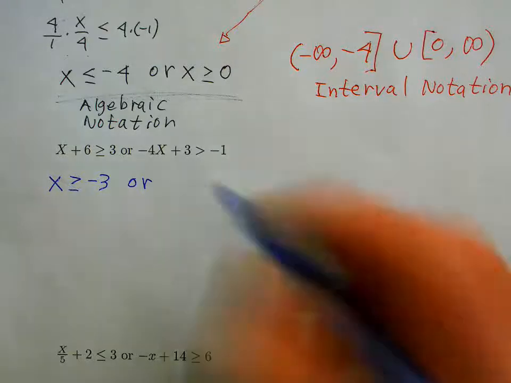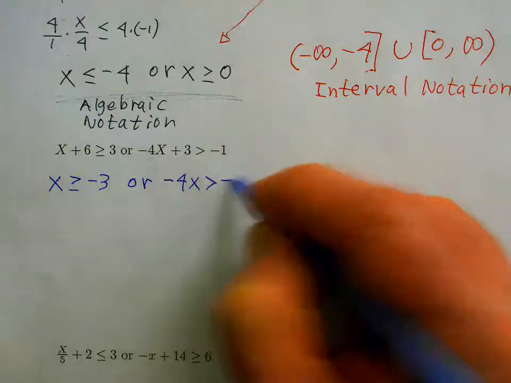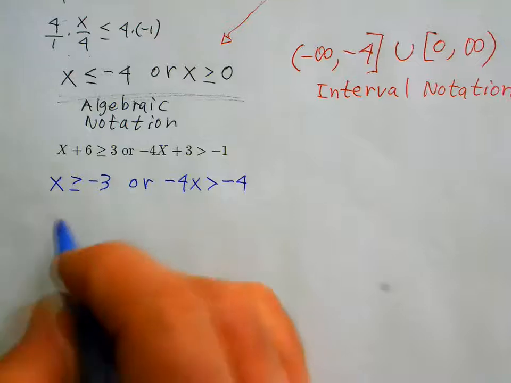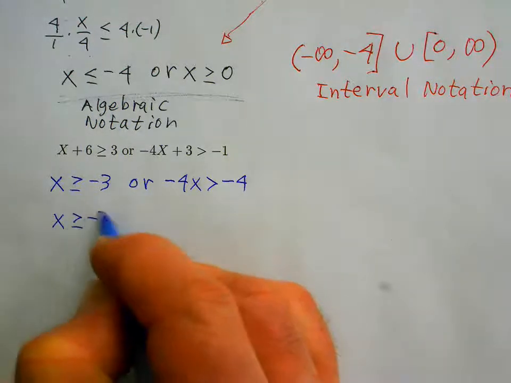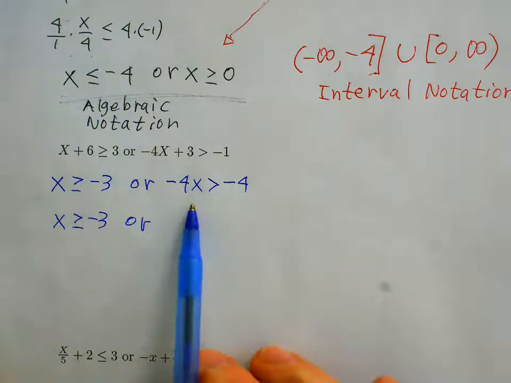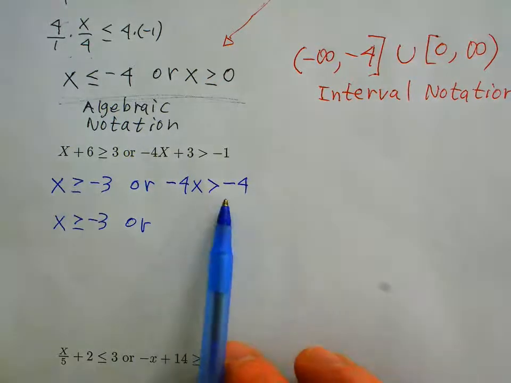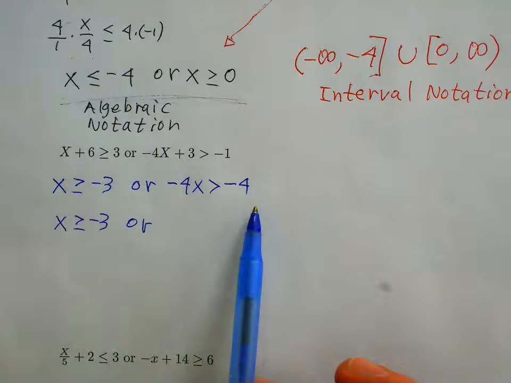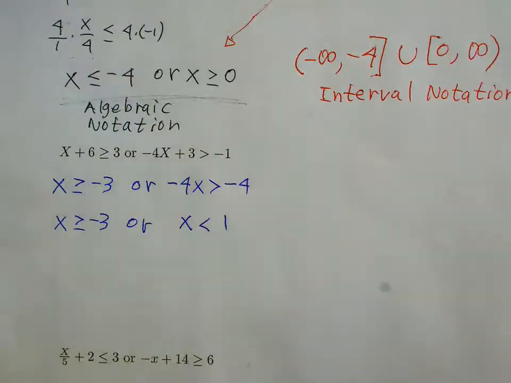Subtract 3 from both sides. We get -4x is greater than -4. x greater than or equal to -3, this is already solved, well, for that part. And then one more step for this inequality on the right. If -4x is greater than -4, we divide both sides by -4, and we write x is less than 1.